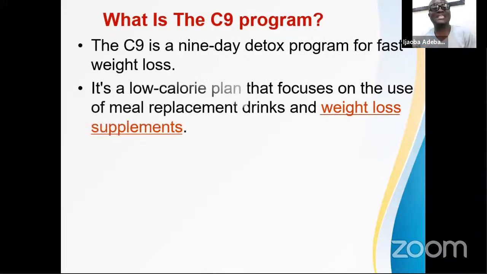What is C9? C9 is a 9-day detox program for fast weight loss, or to jumpstart your weight loss program. I will repeat, what is C9? It's a 9-day detox program to jumpstart your weight loss program. It's more like a preparatory program that will help you to jumpstart your weight loss.